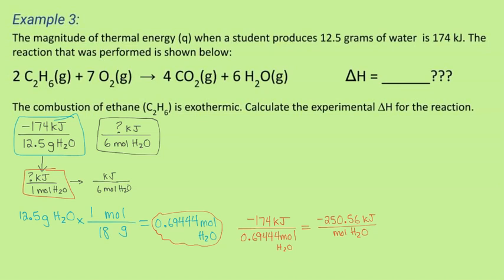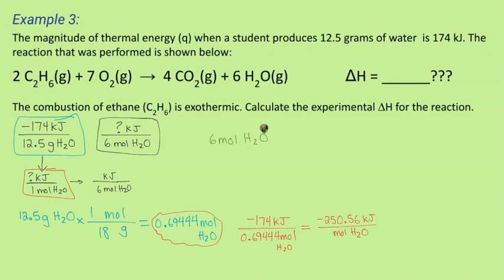So to do that, all we really need to do is cancel out this moles of H2O part on the bottom. There's lots of ways to do this. This is the number of kilojoules per mole of H2O. So you could say, if that's the number of kilojoules per 1 mole, then I want to know the number of kilojoules per 6 moles of H2O.